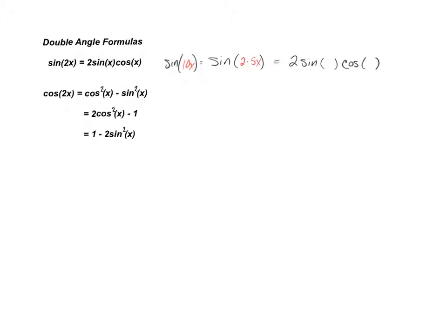So basically now this 5x here is kind of playing the role of this x here. This 2 is like that 2. So this 2, you might think of it as coming out and moving to there, and then what you're taking the sine and cosine of is the x. Well, in this case, that is a 5x here and a 5x there.